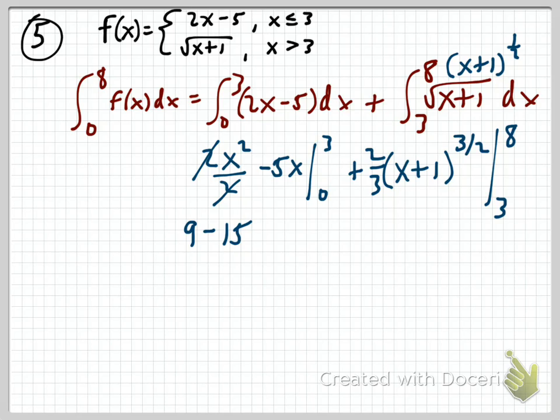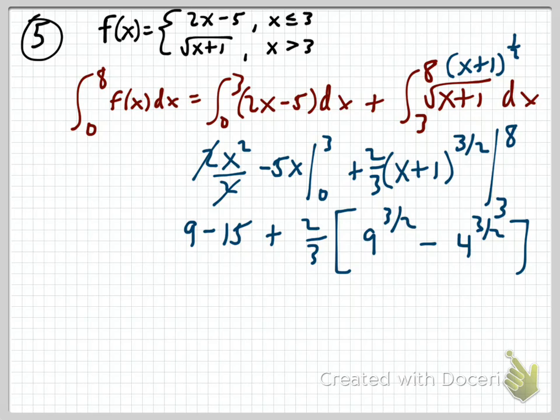That's the first part. And then plus 2/3 multiplied by x plus 1, so we have 9 to the 3/2 minus 4 to the 3/2. So I'm just replacing the x with the 8 and the x with the 3.